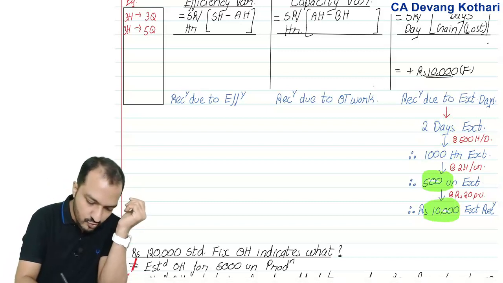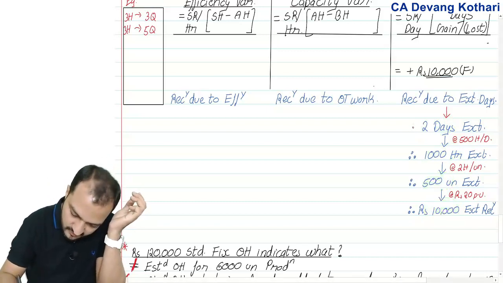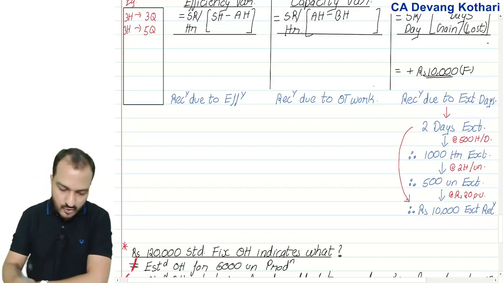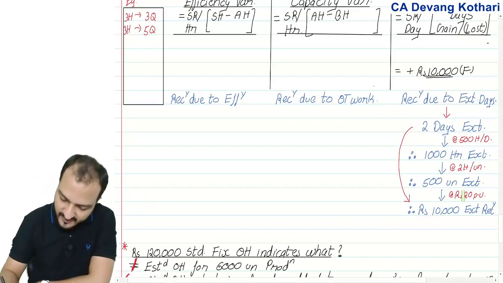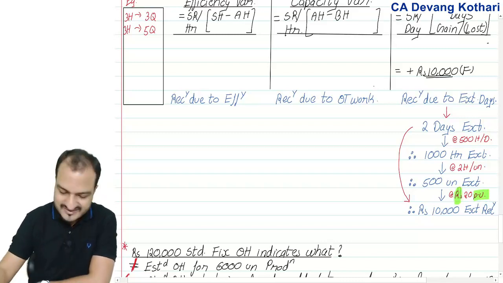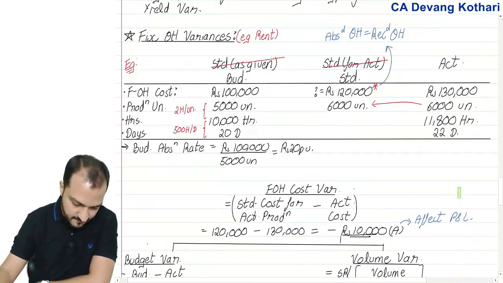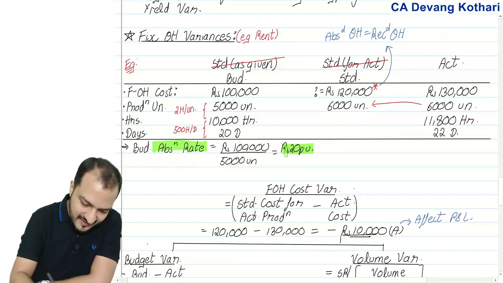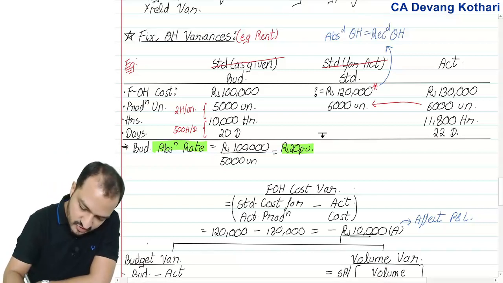Instead, what you could also do is convert that extra 2 days directly into extra recovery. Why? Because instead of identifying a recovery rate per unit, you can identify the absorption rate per day itself.